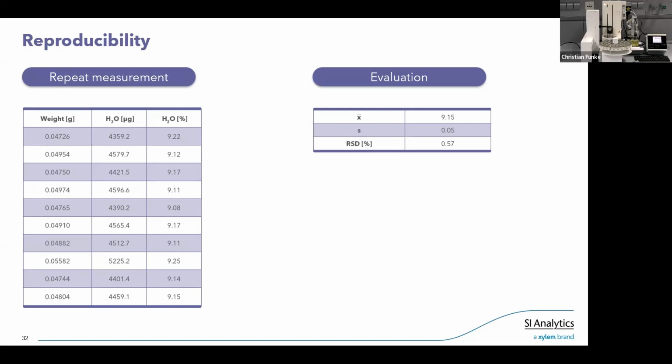We made a repeat measurement with a weight slightly below 50 milligrams, and we get results nearly similar to the linearity test. The mean value was 9.15% with an RSD of close to 0.6, which is quite good for a natural sample.